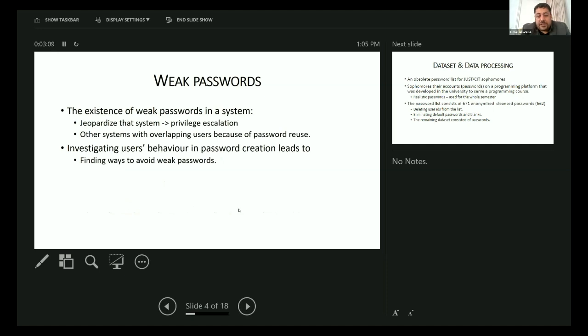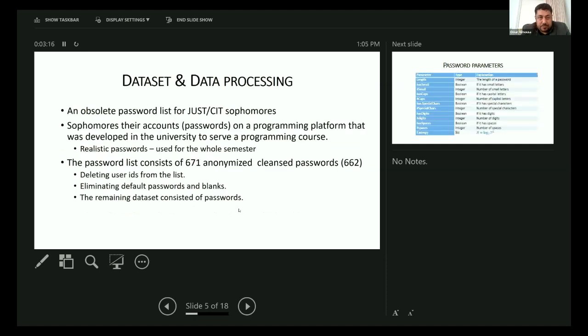Investigating users' behaviors in password creation will lead to finding ways to avoid these weak passwords. So what dataset do we have? We had a platform for students to exercise and submit their programming assignments at the university. Those were fresh students at our Computer and Information Technology faculty.